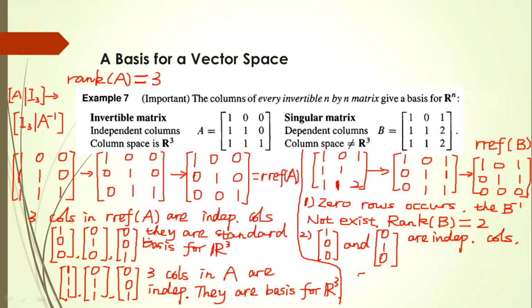And the third column can be expressed by the first two independent columns. That will be the sum of those two columns, right?